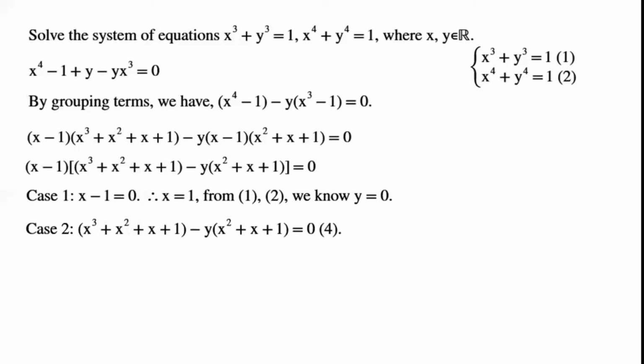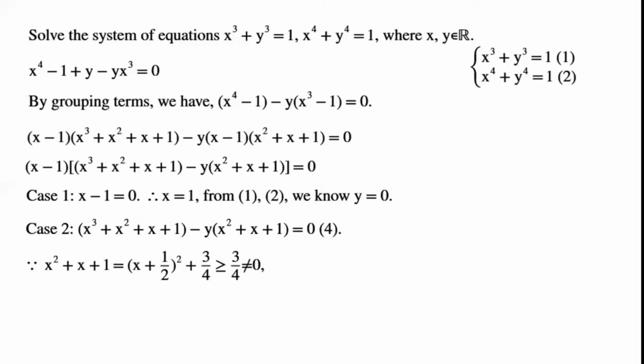plus 1 minus y times (x squared plus x plus 1) equals 0. If x squared plus x plus 1 doesn't equal 0, then we can work out y.